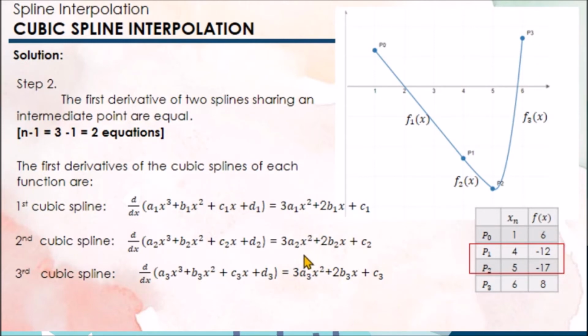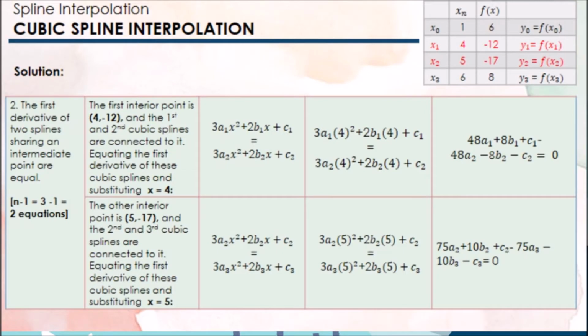And for the second cubic spline, we have 3a sub 2 x squared plus 2b sub 2 x plus c sub 2. And for our third cubic spline, we have 3a sub 3 x squared plus 2b sub 3 x plus c sub 3. So from here, class, what we need to do is equate them, and then we will get two equations.